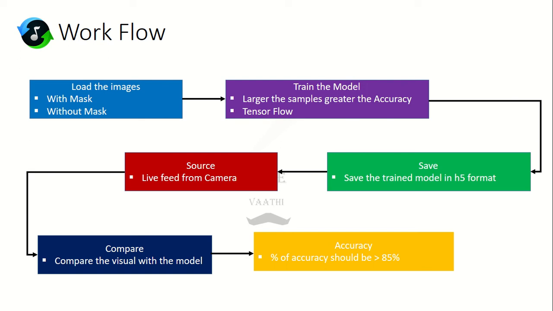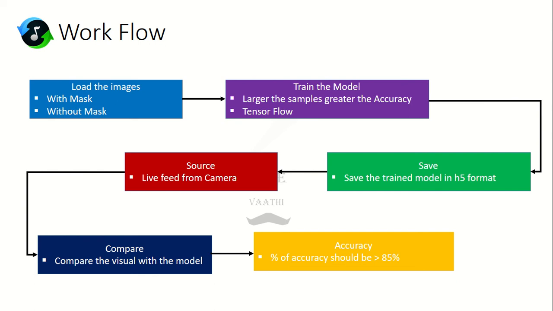For your information, the model will show a rectangular box stating whether it is masked or without mask, with a percentage of accuracy. This does not mean it is truly 100% accurate, it is 100% accuracy with respect to my trained model.